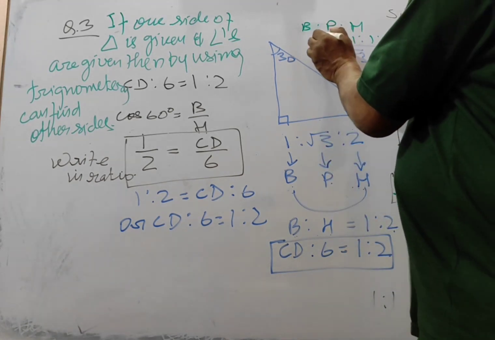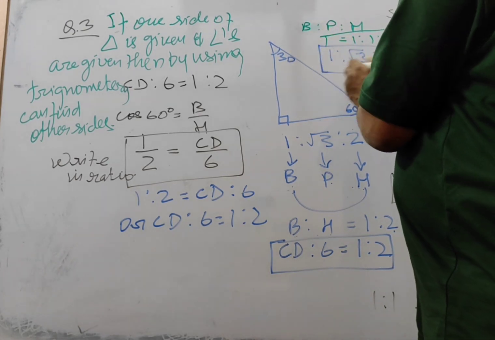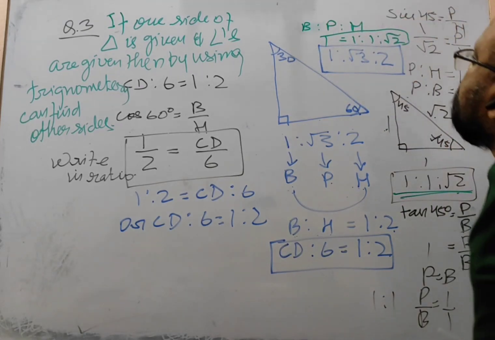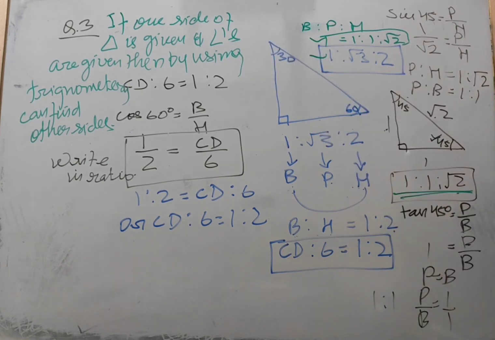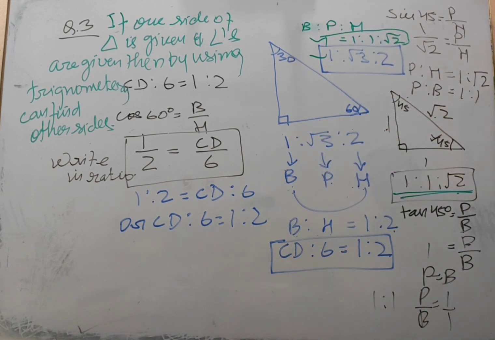These two ratios, this is for the isosceles triangle, and this is for the right angle triangle with 60 degree and 30 degree. These two ratios are also from there itself. They find them from there, and then apply them as per the question.